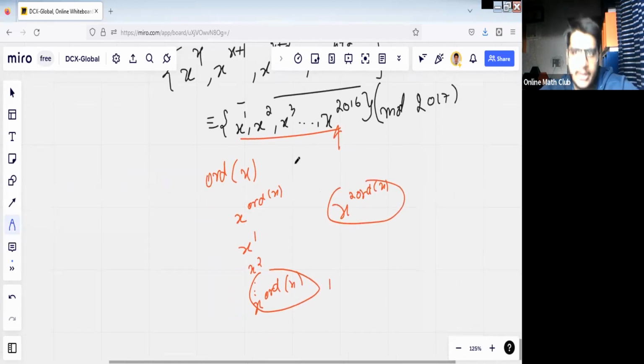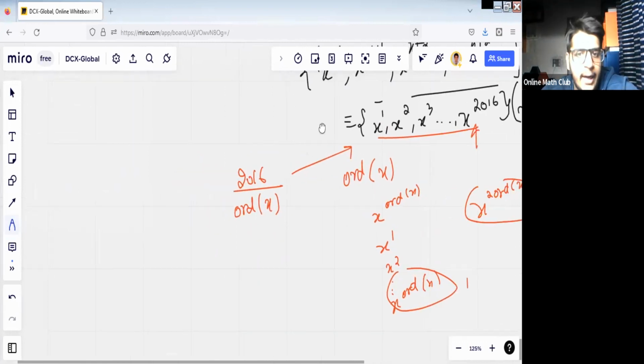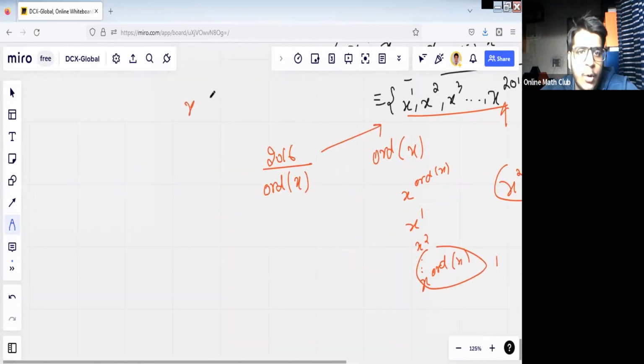Until 2016, which is definitely 1 by Fermat's theorem. So essentially you'll have 2016 divided by order of x ones in this set, for x mod 2017, right? And now x can go from 1 to 2016. If it's 0 mod 2017, then x to the power x is never 1 mod 2017.